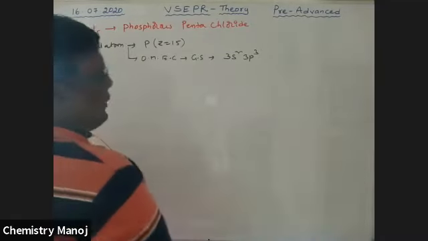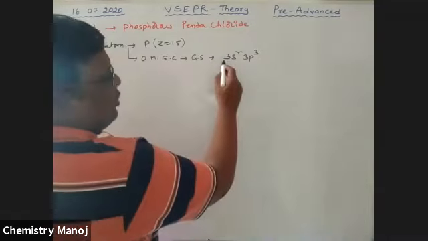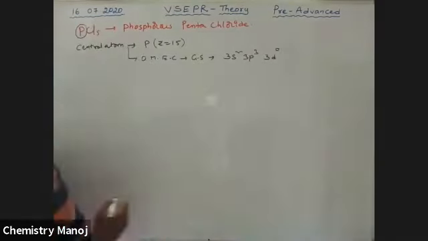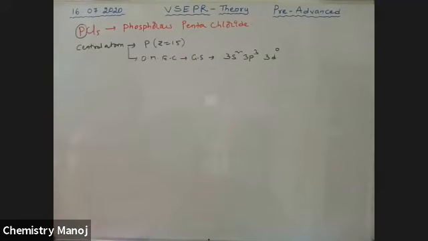I am writing the box method. Because the outermost orbit is the third orbit, there is a d orbital, but it has no electrons. So 3d orbitals exist, but no electrons are there.